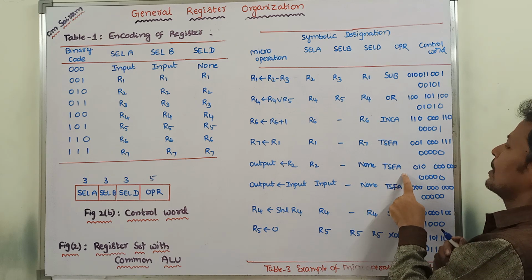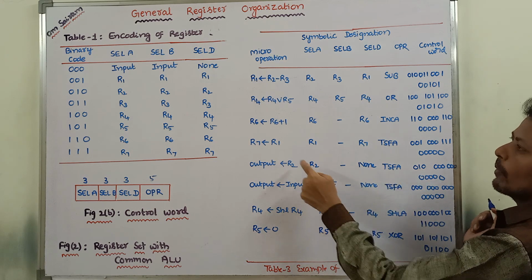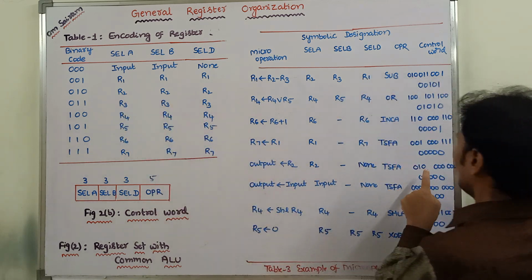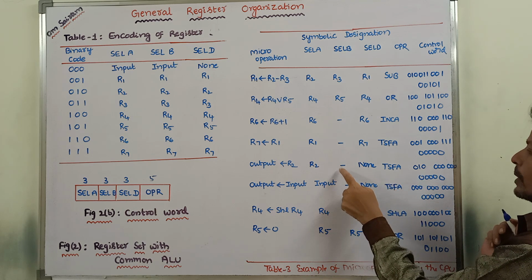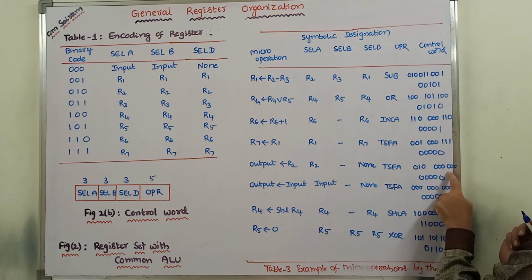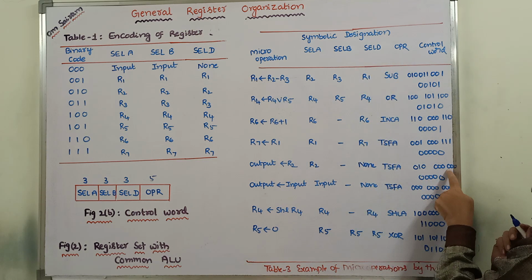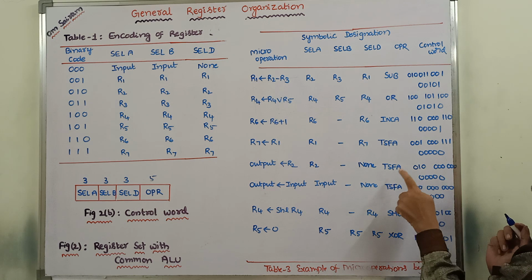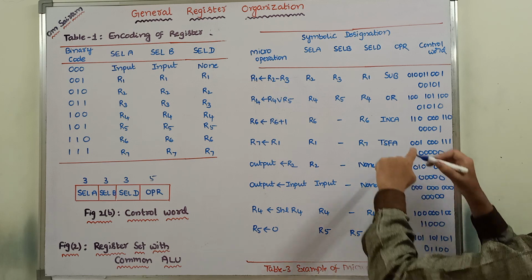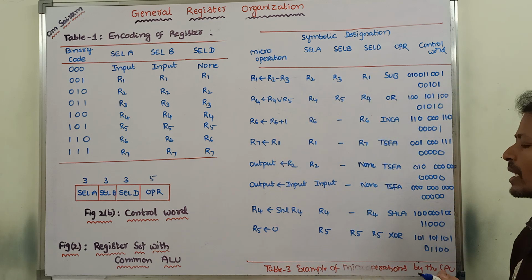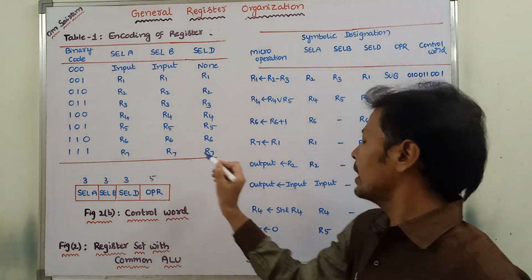First SELA value is R2, R2 value is 010. Next, we do not determine SELB, so SELB value is 000, and SELD value is also none, that can be denoted with 000, and TSFA value is all 5 zeros. So in this way we can represent any micro operation by using table 1 and table 2.